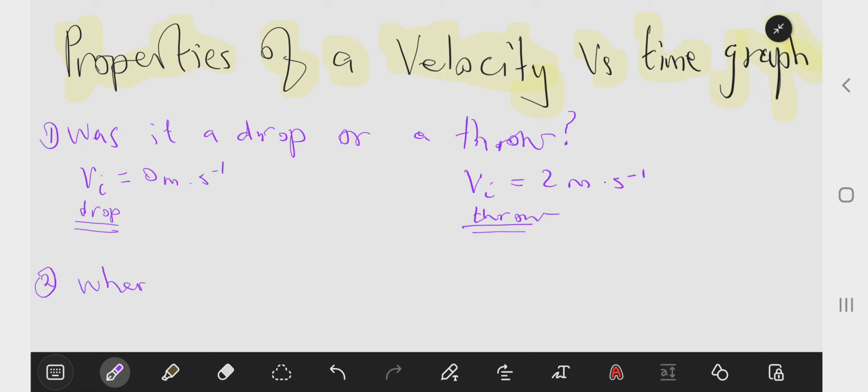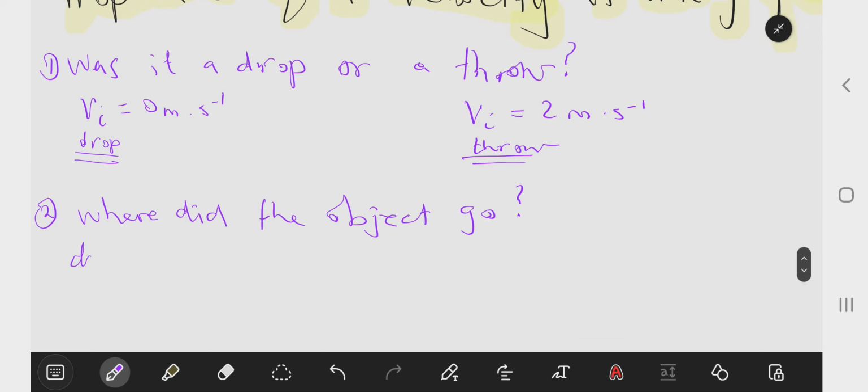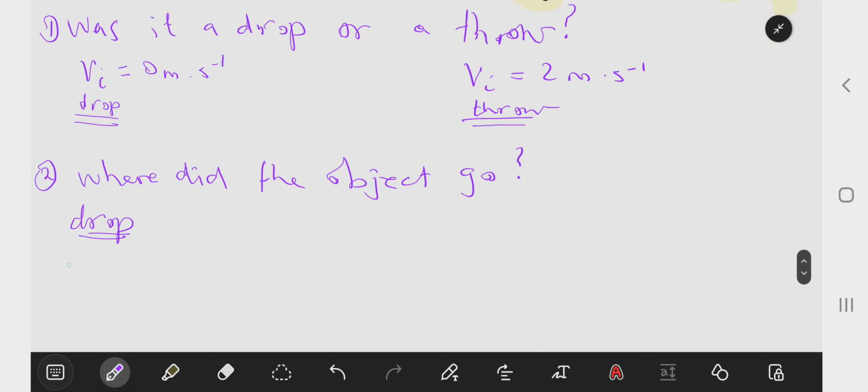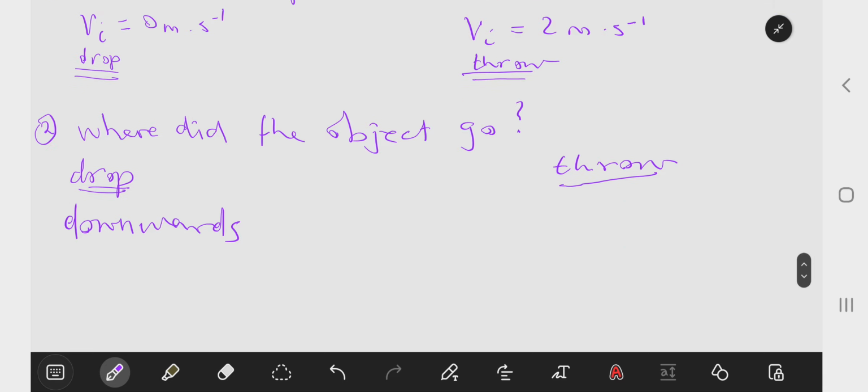So the second question was, where did the object go? If it was dropped, then due to gravity we expect the object to go downwards, okay? But if the object was thrown, then it was either thrown upwards or downwards, right?